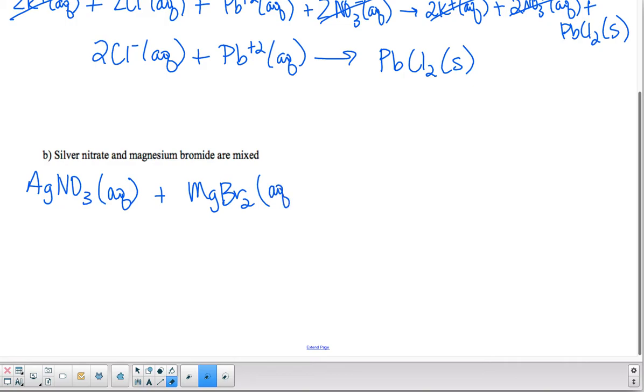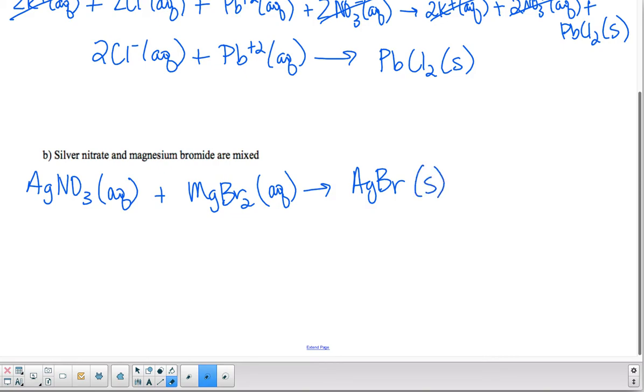Now, what are my 2 products? Double replacement, guys, come on. Silver bromide. What state of matter is that? It is not soluble.